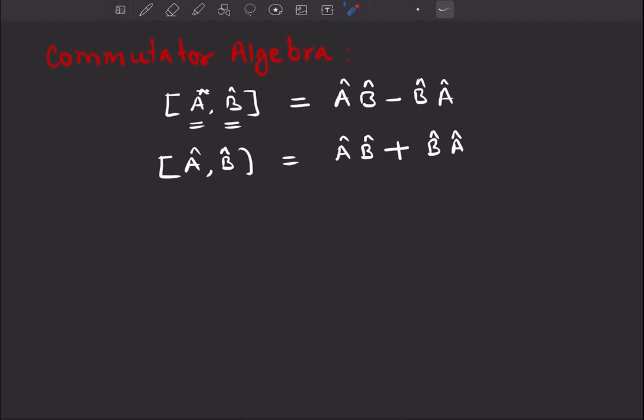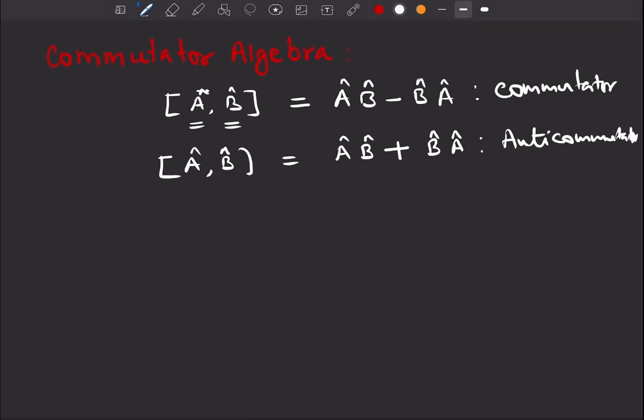So these are commutators and these are anti-commutators. That's why the plus sign.